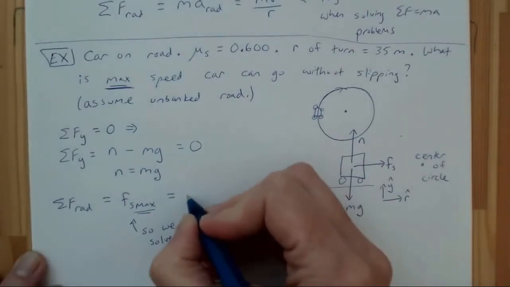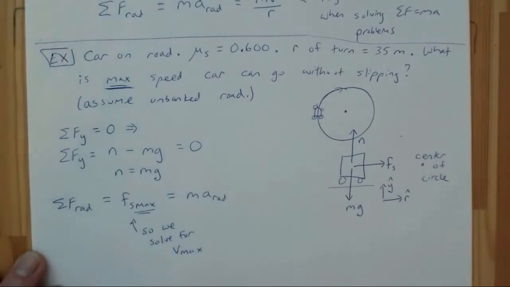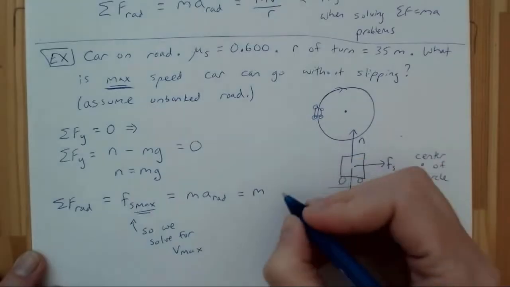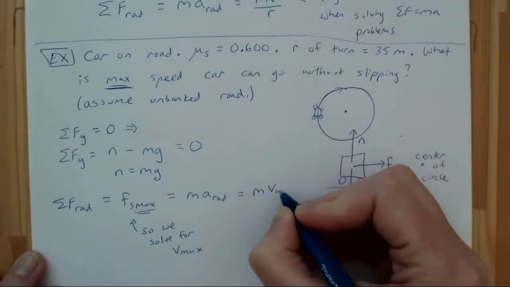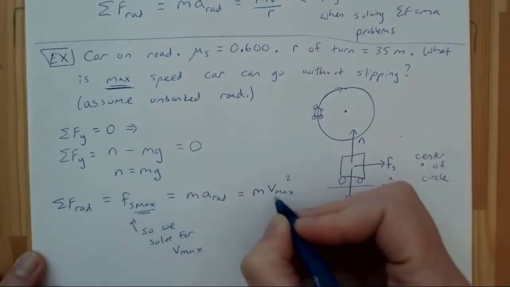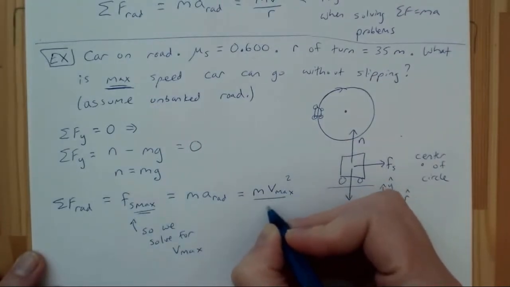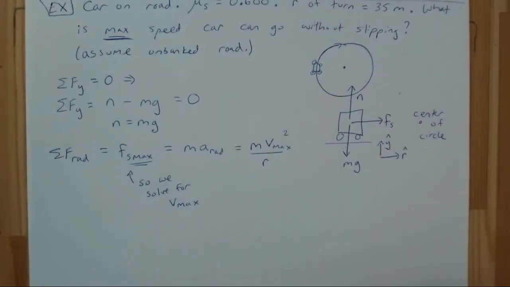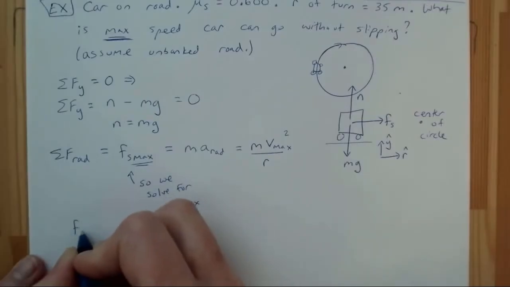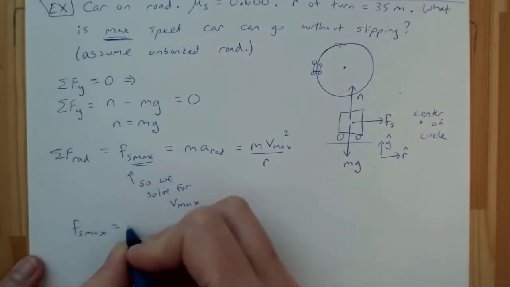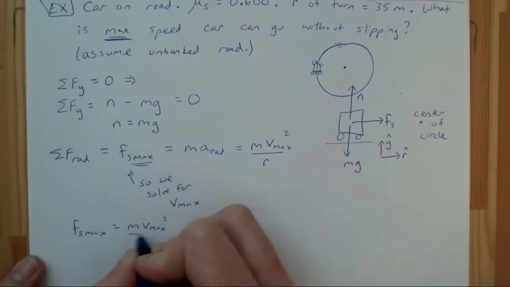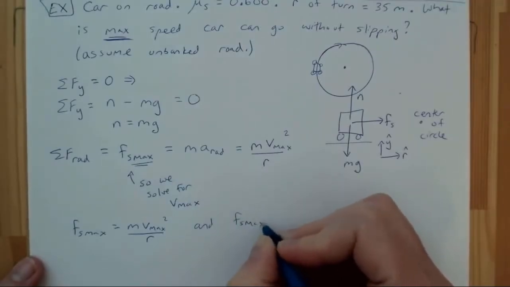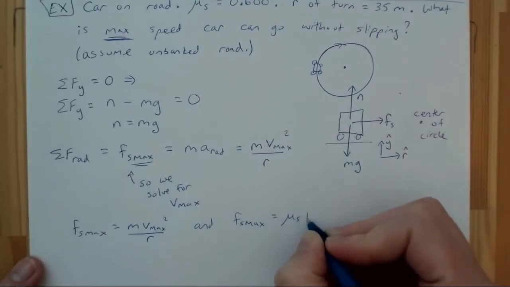And now I'm going to be setting it equal to my mass times my acceleration, which I know then is equal to my mass times my speed squared divided by r. And what I'm going to write here is v max squared, since I'm using the maximum force of static friction. That's going to correspond to the maximum speed allowed. So now I can just go ahead and solve this. I can say F sub s max equals m v max squared over r, and we know that F sub s max is equal to mu sub s n.